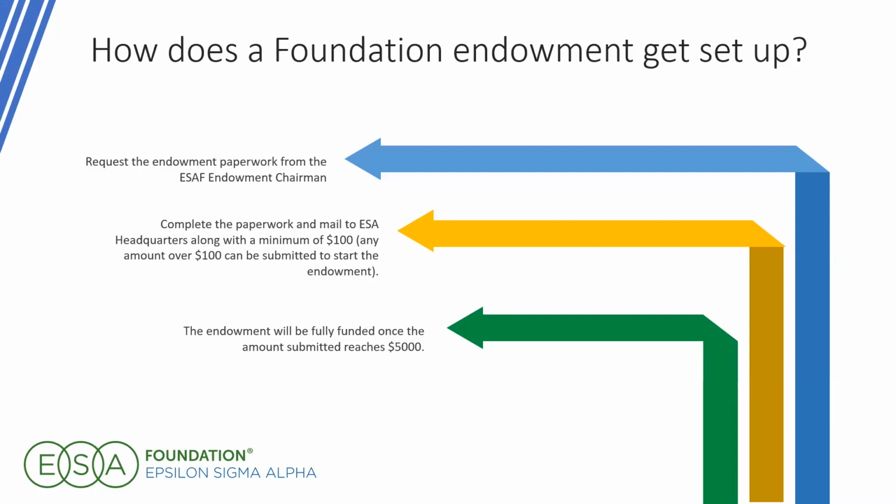Now, something that's important to note is that if someone is interested in setting up an endowment that will be established post-death, and I'm being very specific about that term, specific details would need to be included in your will or trust, and a responsible person would be assigned to submit the paperwork and the funds to ESA headquarters. What often is recommended is that they actually establish it prior to their death.